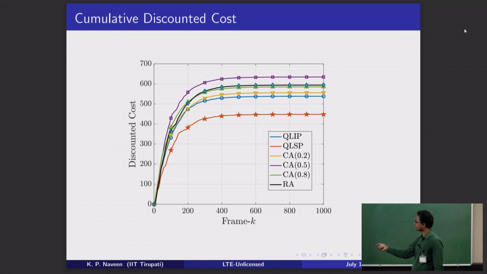This is the cost, so you have to minimize it. This other one is also a learning algorithm, but it starts with unlearned Q values. The learned Q values give a lower discounted cost, and the heuristics do not do well. For instance, if you give half of the time to LTE and half to Wi-Fi, that is CA 0.5, you see the discounted cost is higher.